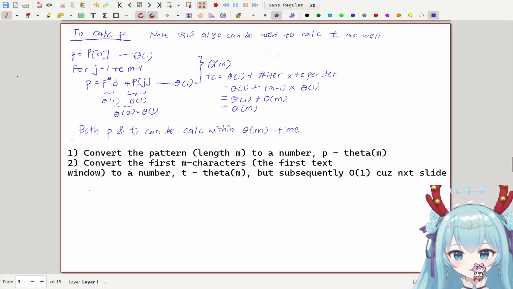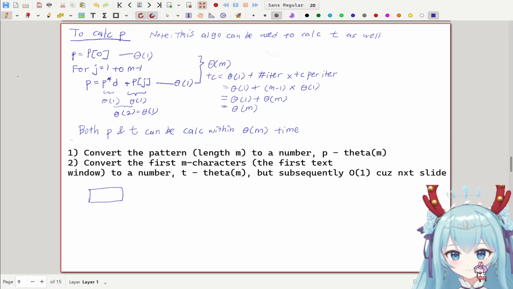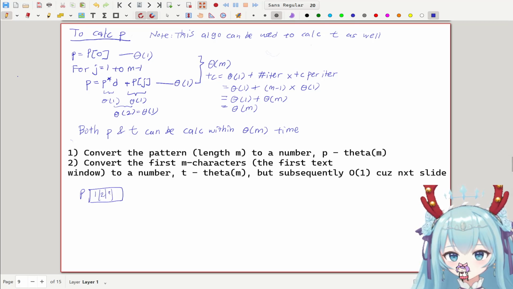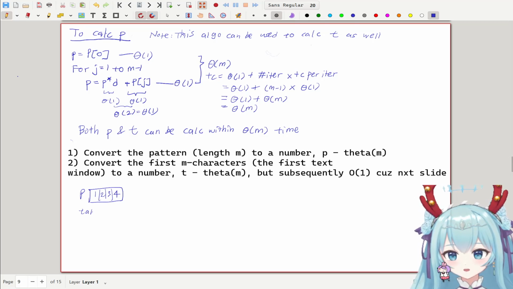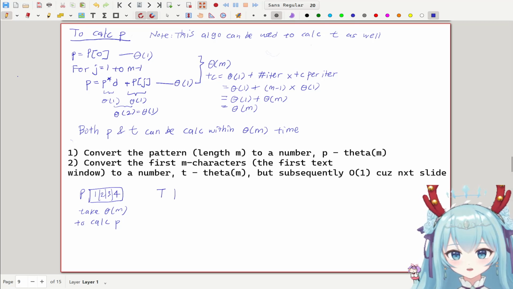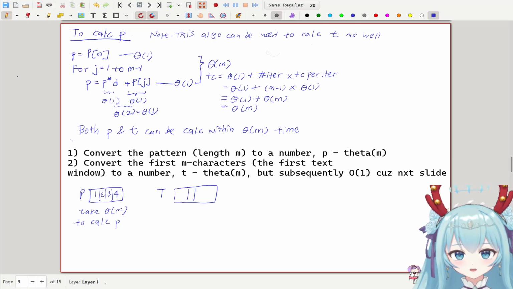Okay, so what I mean is that, let's say you're given p, and then it can be any number, maybe 1, 2, 3, 4, and then maybe it'll take theta of m to calculate p. And let's say t is longer, let's make it twice as long.